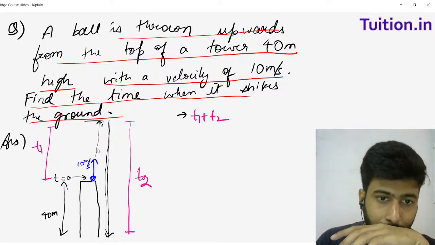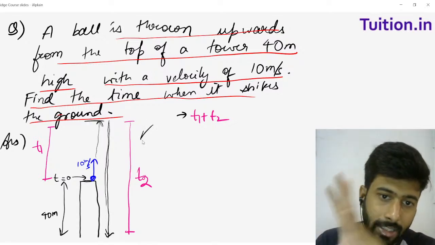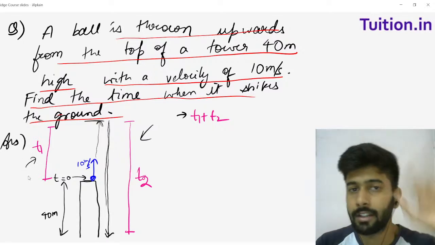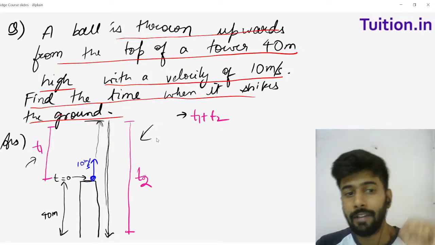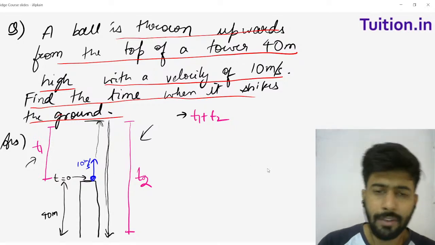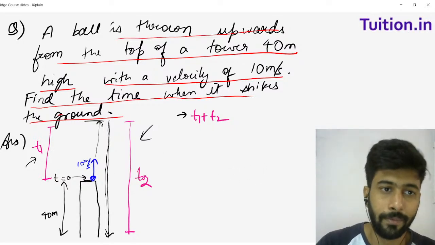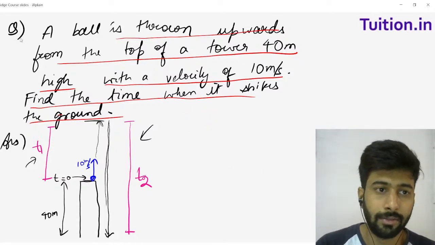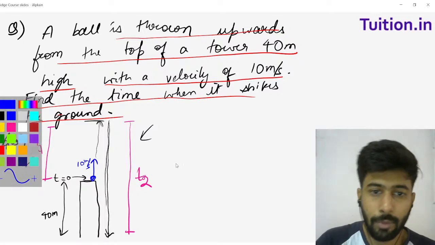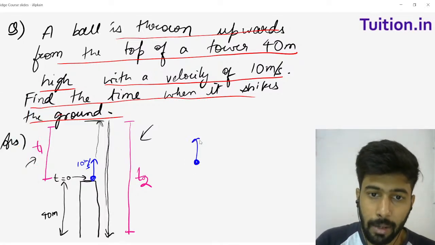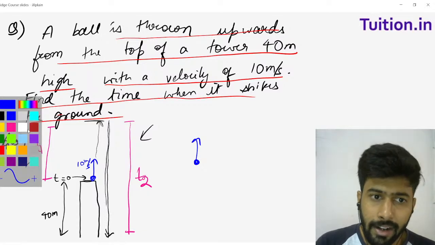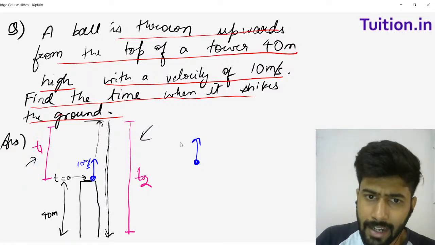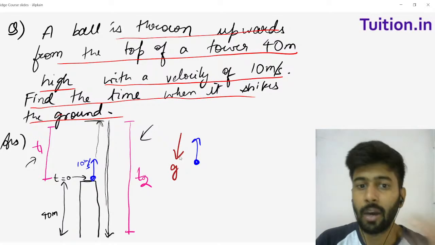So just look at this part first. Forget about this second pink part. Just look at the first pink part, and I will apply. How does my first pink part look like? First of all, what is this motion like? You have a blue ball that's going up, and there is an acceleration g which is acting down.